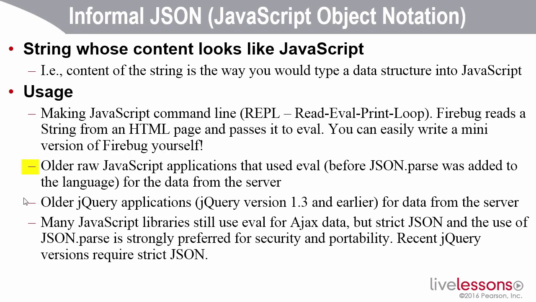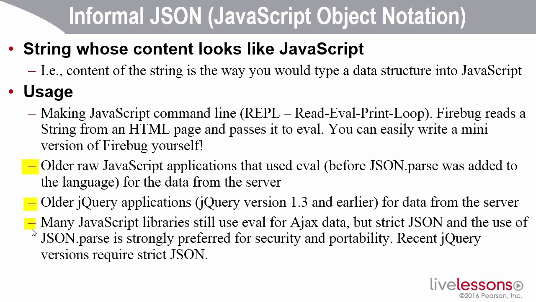And jQuery itself used eval internally up until version 1.3 when JSON.parse was well established and standardized. And many other JavaScript libraries other than jQuery still use eval today internally. But it's almost universally agreed that it's a better practice to use strict JSON, which I'll discuss shortly, and JSON.parse, which is what jQuery, which we'll cover later, uses internally.